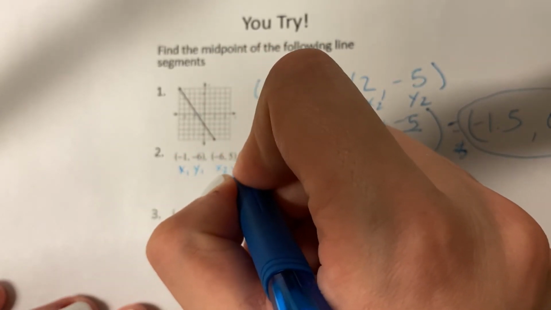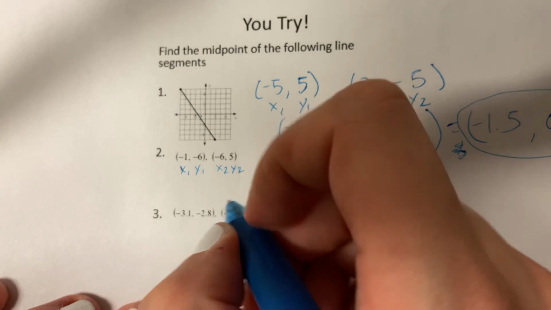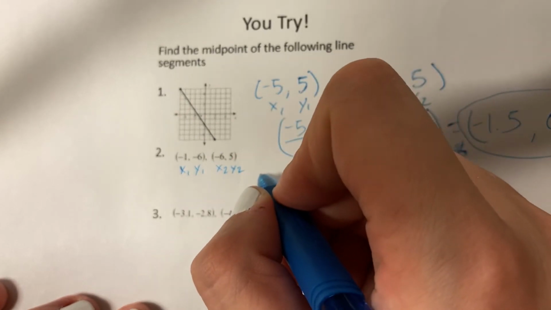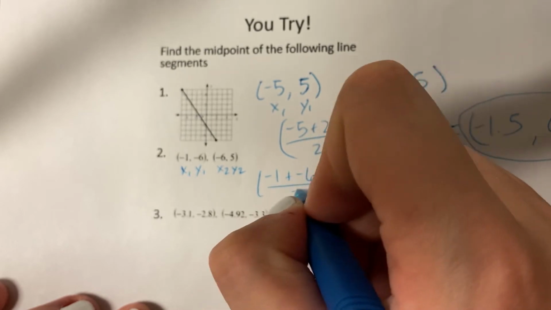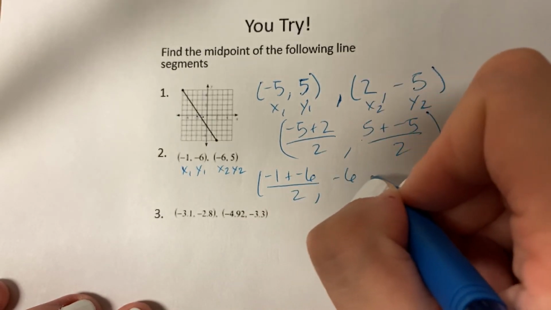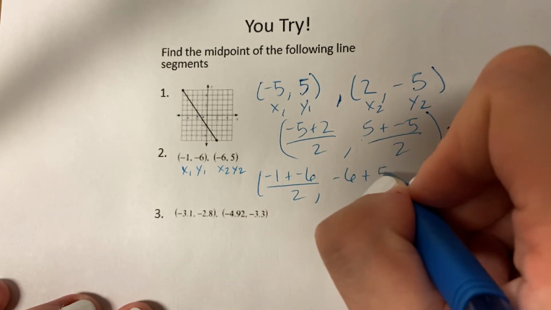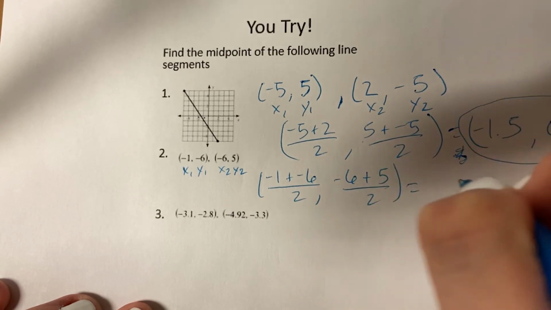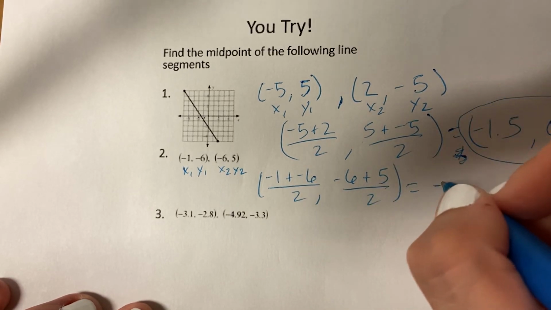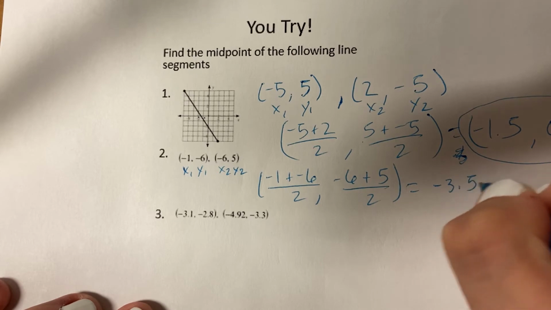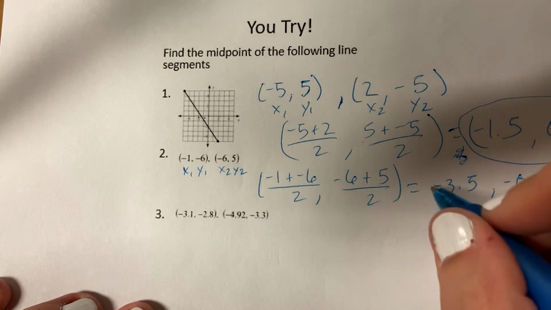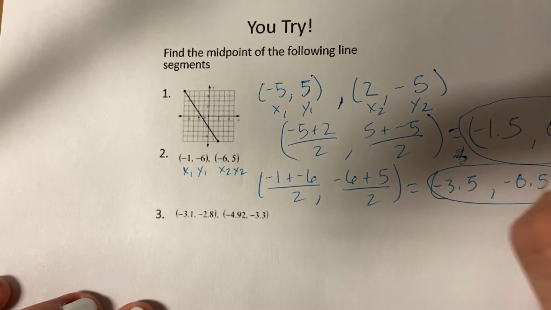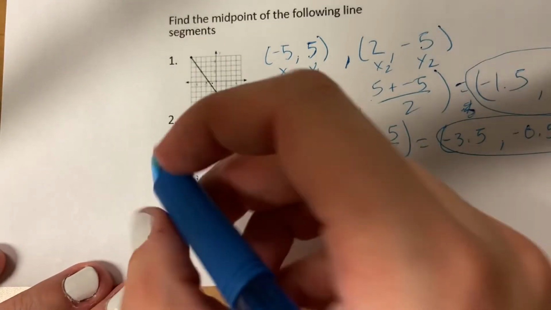And I'm doing these real quick because I should have already done them. So -3.5, -0.5. Same thing.